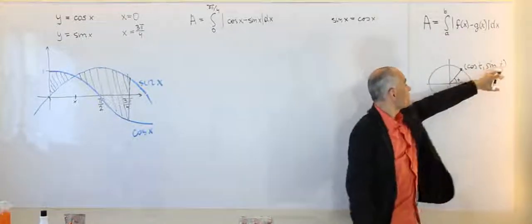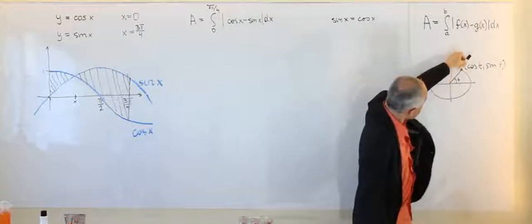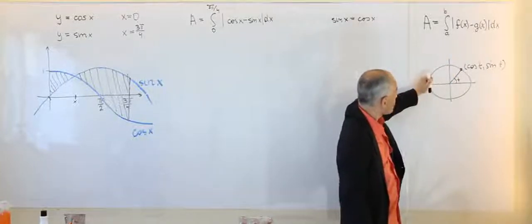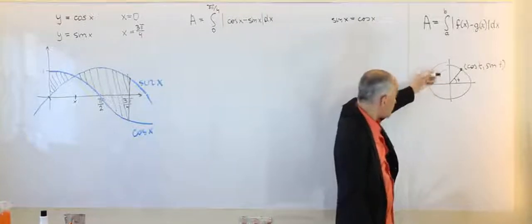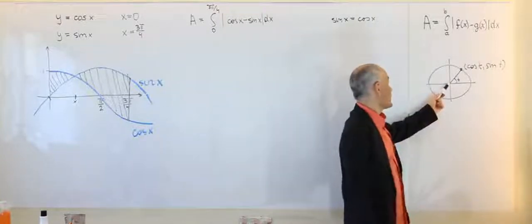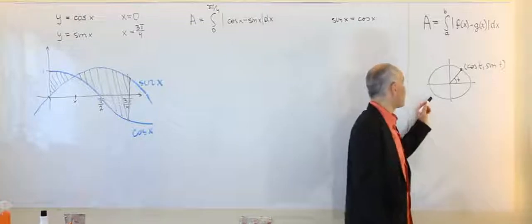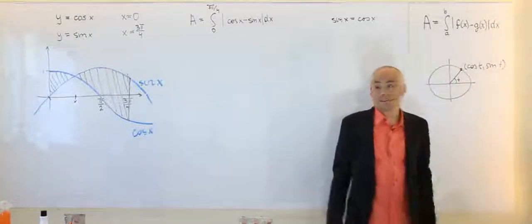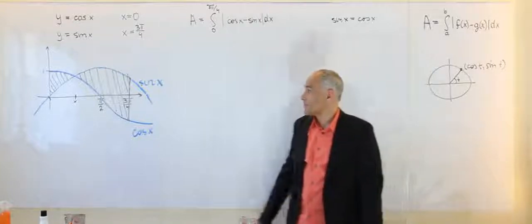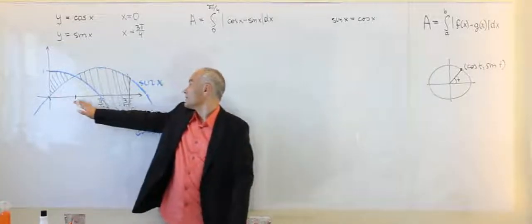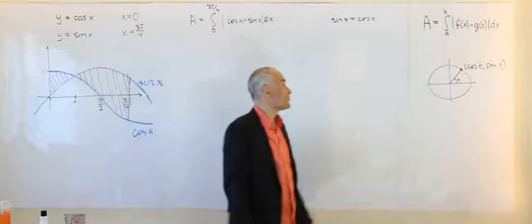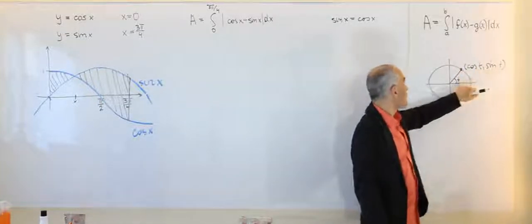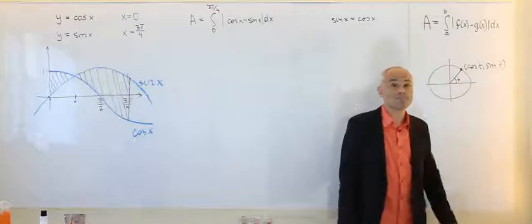So cosine t is equal to sine of t when t is equal to pi divided by 4, and when t is equal to 5 pi divided by 4, and so forth. But we're only interested in the domain between 0 and 3 pi divided by 4, so the only solution here is that these two coordinates are the same when t is pi divided by 4.